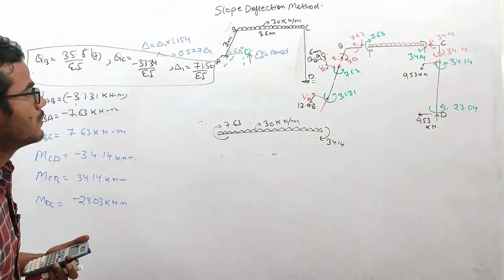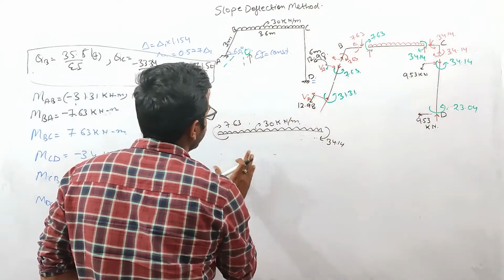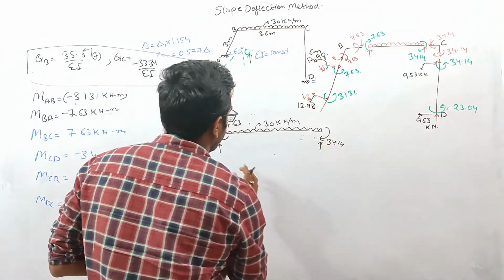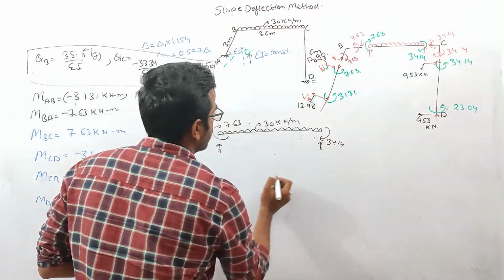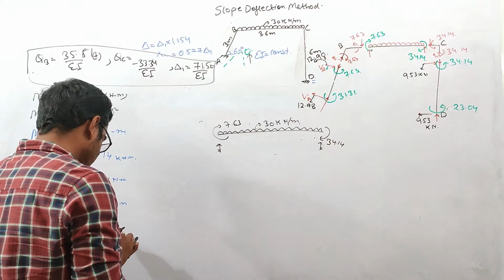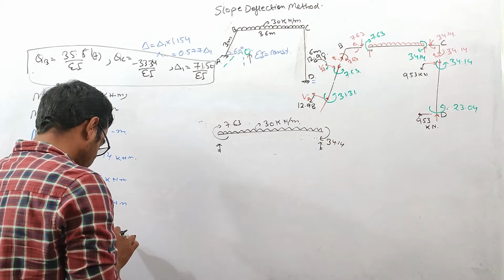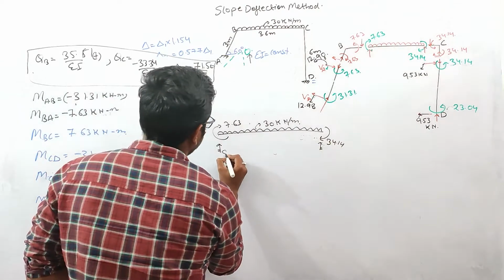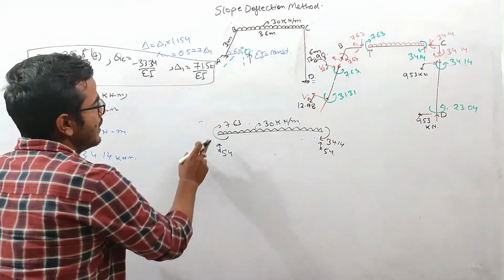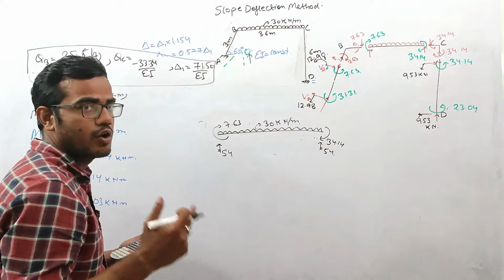Due to this UDL, the reactions will be induced here, and both these reactions will be the same in magnitude. First, we are calculating the effect of UDL only. So due to UDL, the forces at this end will be 54 kilonewton, 54 kilonewton. Now there is some unbalanced moment which is in clockwise direction.